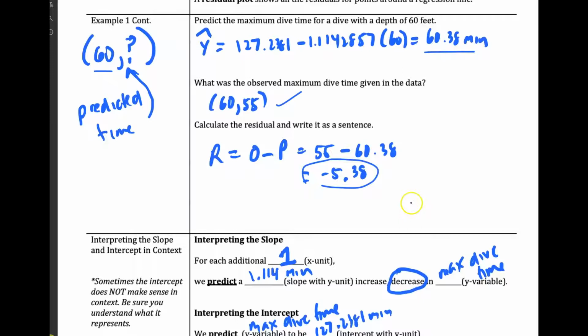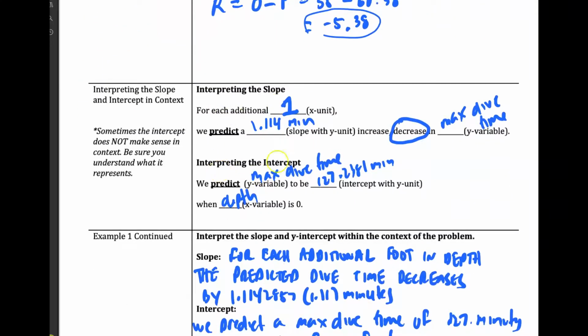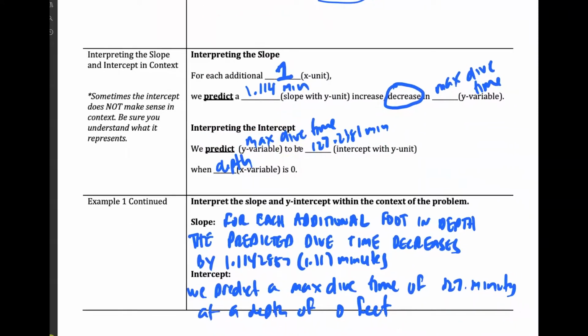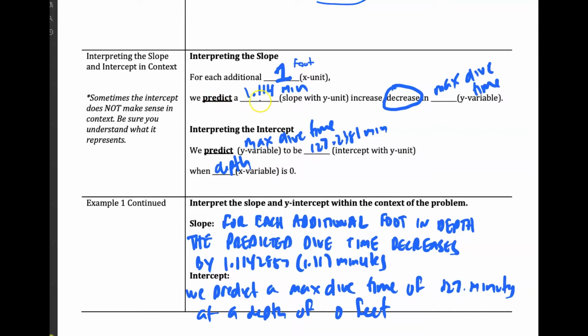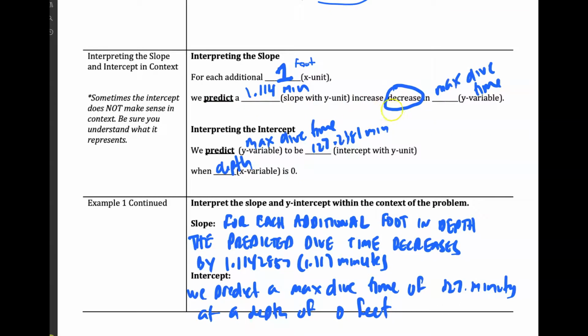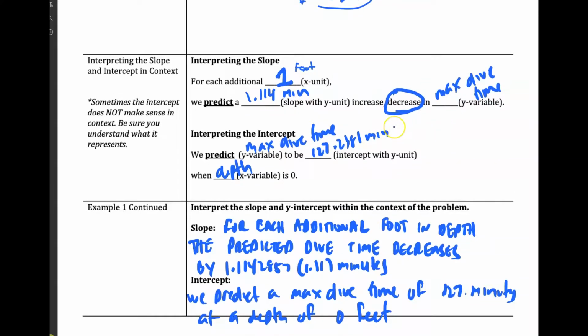The last piece that's essential to least squares regression is the slope and y-intercept, not just the numbers, but their meaning. So when you get those two numbers, the slope in our case is a constant: for each additional 1 x unit, so for each additional 1 foot in depth, every time you increase the depth by 1 foot, we predict a 1.114 minute decrease in max dive time, because the slope is negative.